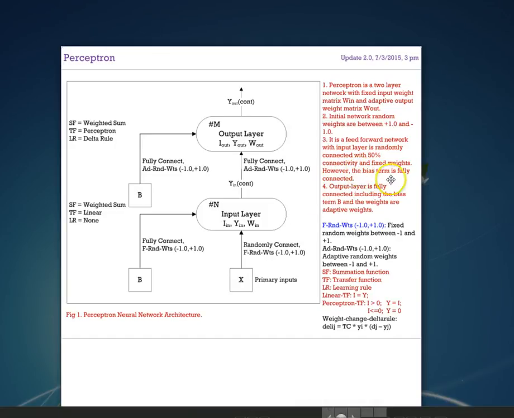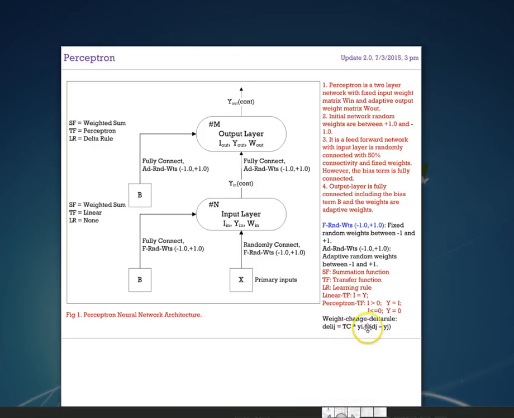However, the bias term is fully connected in both cases, whereas the primary inputs are connected with 50% connectivity. The output layer is fully connected, including the bias term B, and the weights are adaptive weights. That is, this is fully connected and that is fully connected.